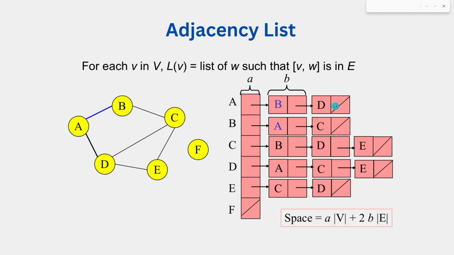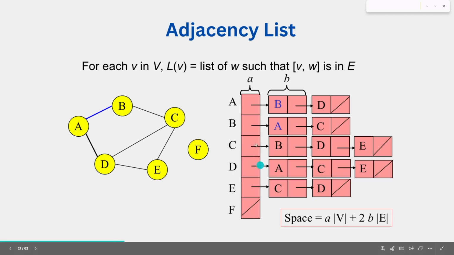Here there is an edge from A to B and D, so the list has 2 other nodes, B and D, and in order to represent the relationship between them, we have put links in this. Likewise, we have done this for all other vertices, and the last vertex F is an isolated vertex, so its associated list is empty.